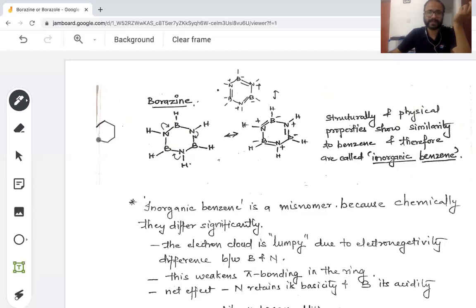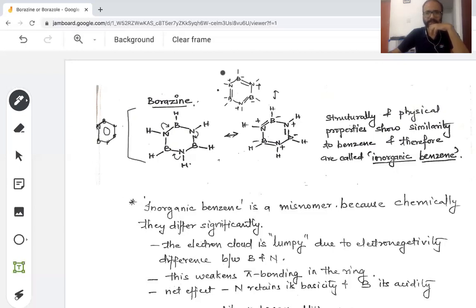Now you can draw a hybrid structure also, as you draw for your benzene molecule. You can draw a circle like this, and here you will have boron, nitrogen, boron, nitrogen, boron, and nitrogen. So this can be your hybrid structure for this particular molecule.